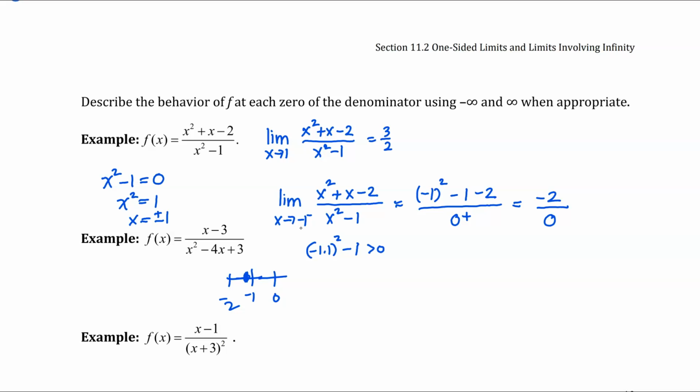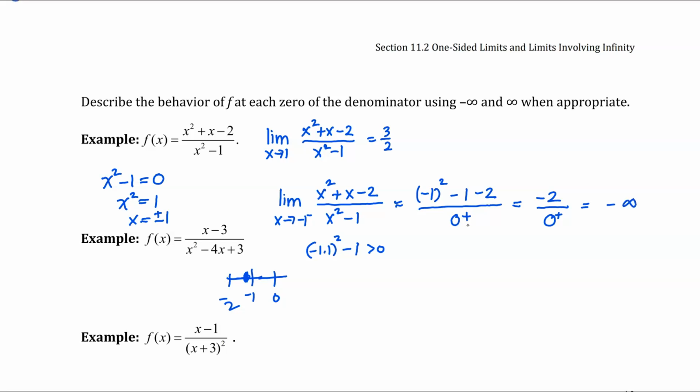That means the values in the denominator as x approaches -1 from the left are coming from the right side of 0, or positive values. So that's why we put a plus sign here. So -2 over 0 plus is equal to negative infinity.